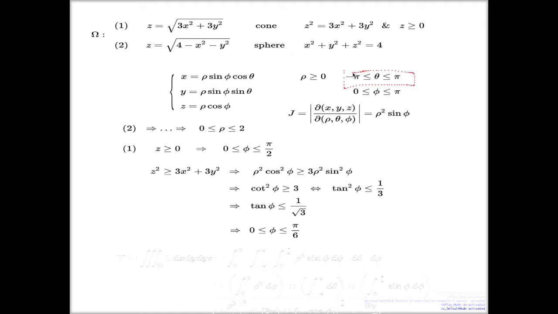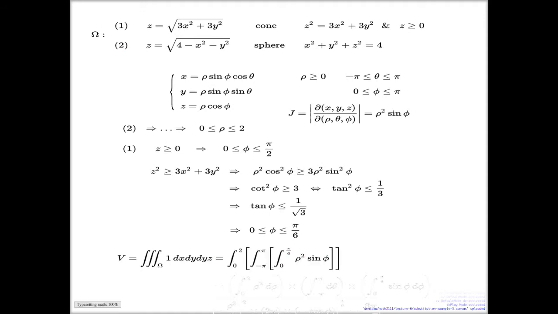So if I now move myself into this new space, into the rho theta phi space, my volume originally, of course, is a triple integral of the unity across my omega area in the xyz space. After substitution, here's my repetition via Fubini. Very easy repetition. It's because my region in the rho, phi, and theta space is the upright parallelepiped.